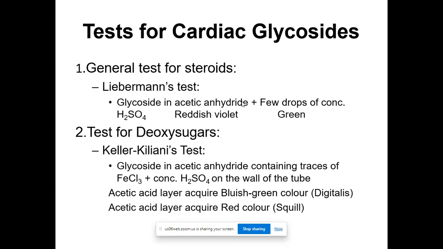For the deoxy sugars, we use the Keller-Kiliani test. I think we talked about this for carbohydrates. Glycosides in acetic acid containing traces of ferric chloride, when you add concentrated sulfuric acid on the wall of the test tube, the acetic acid layer will get a bluish color for the digitalis and red color for the squill.